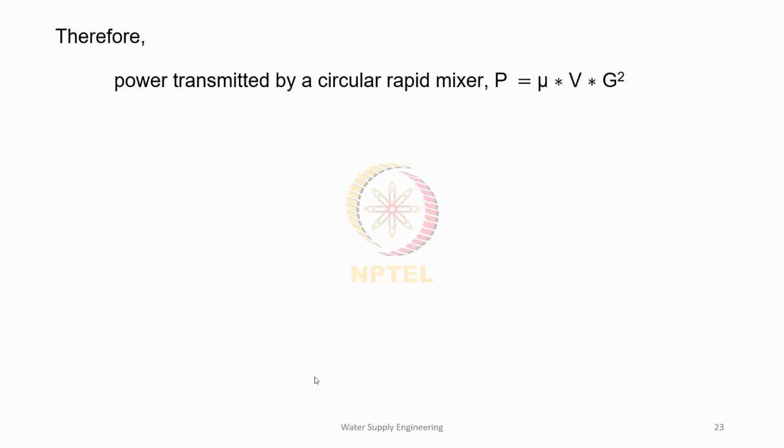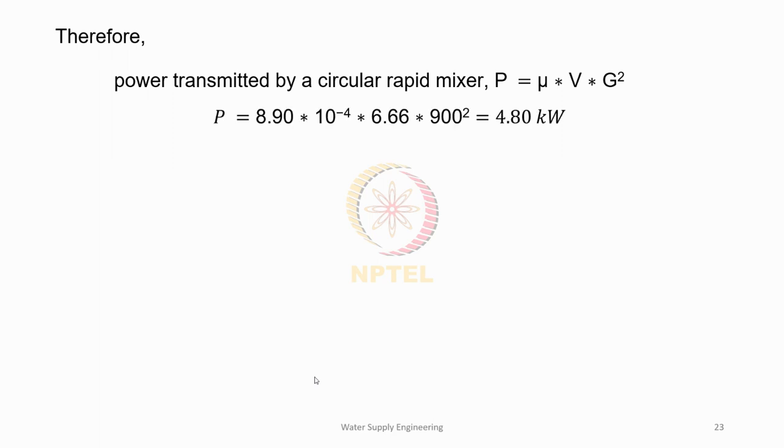And we know that the power transmitted by a circular rapid mixer is given by P equal to mu V G square, where G and mu are already given, and V we had just now calculated.